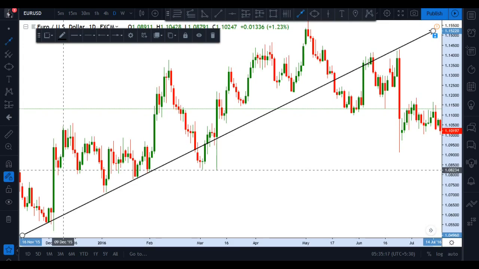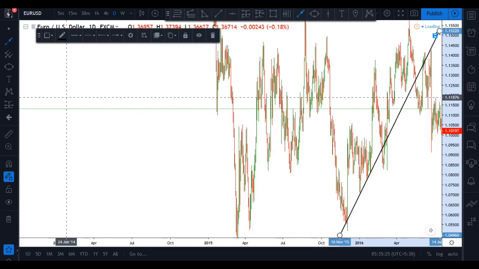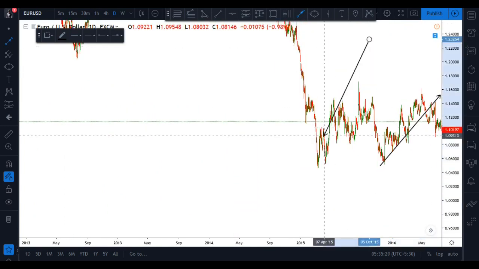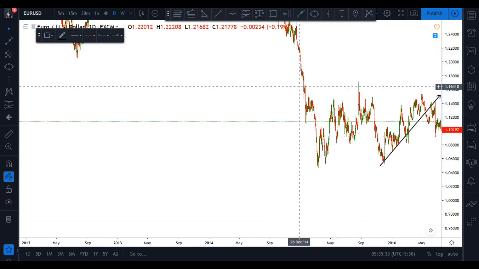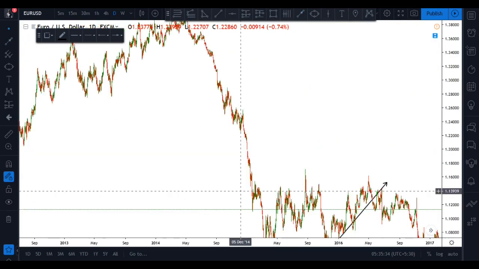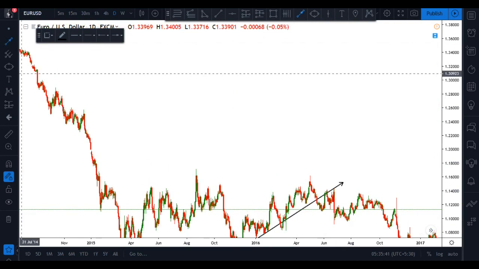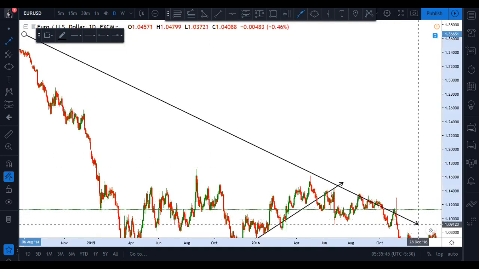An uptrend is called a bullish trend, and if the market is going from the left upper corner to the right bottom corner, it means the market is trending to the downside.